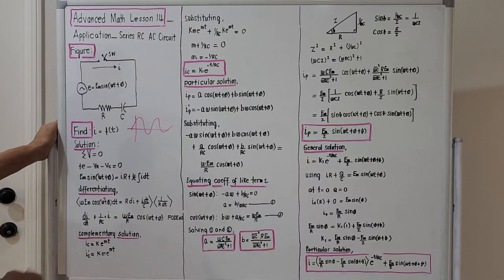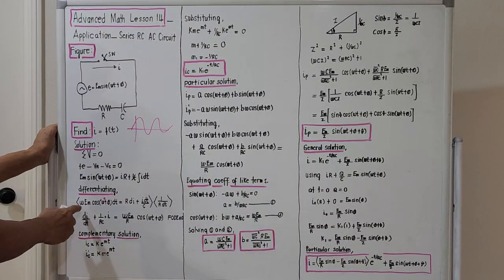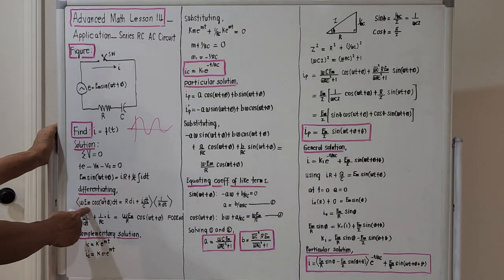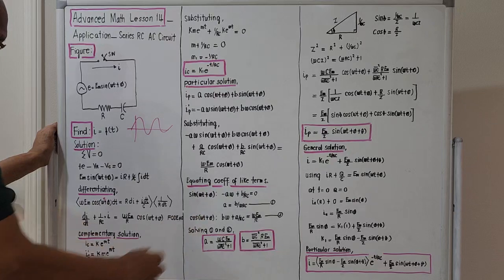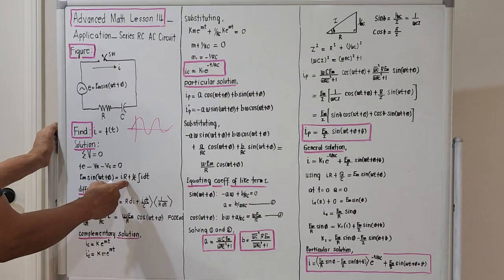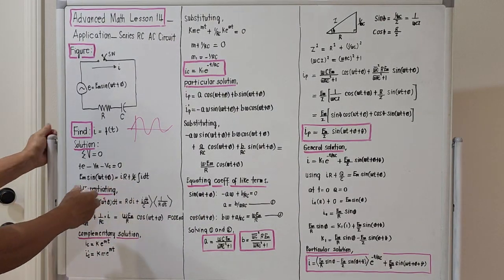For the right-hand side, R is constant, current is variable.